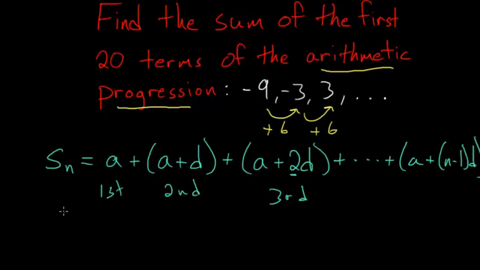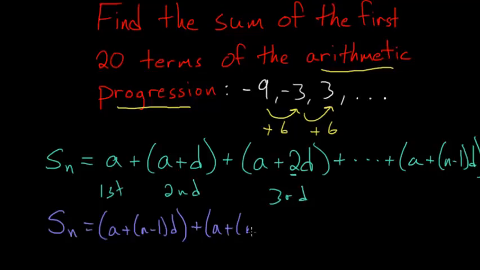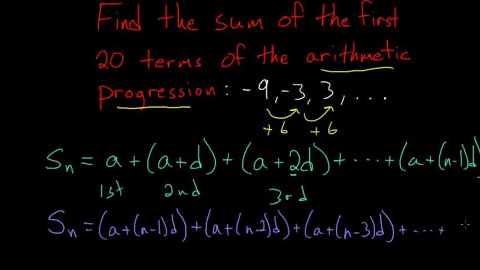Okay, if I rewrite the sum just with the terms reversed, we would have A plus n minus 1 times D, plus A plus n minus 2 times D, plus A plus n minus 3 times D, and all the way down to A, our first starting term.